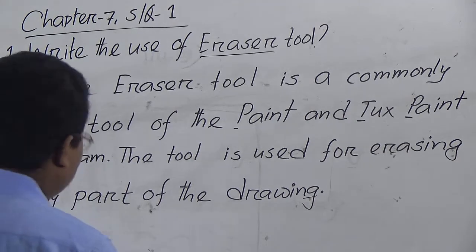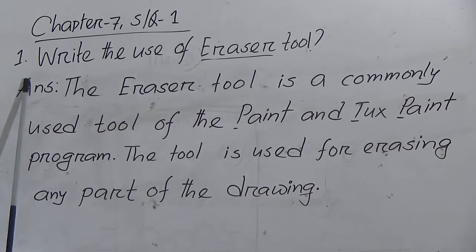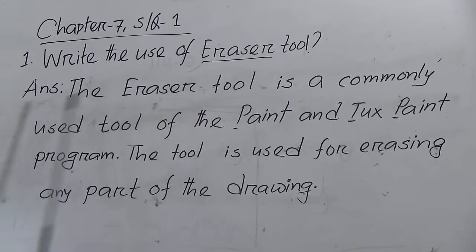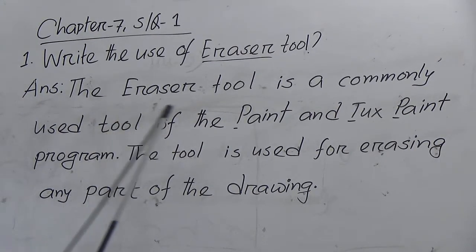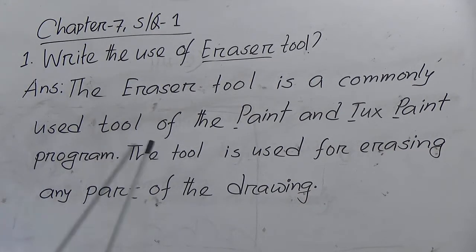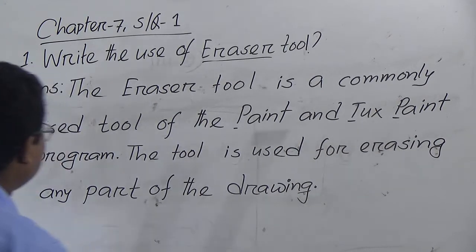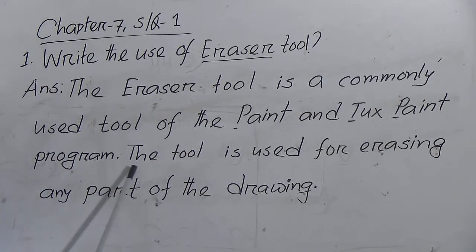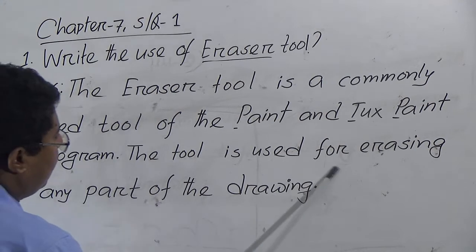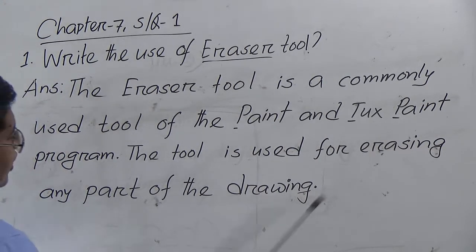So I've finished writing. So the question is, write the use of eraser tool. Answer: the eraser tool is a commonly used tool of the Paint and Task Paint program. This tool is used for erasing any part of the drawing.